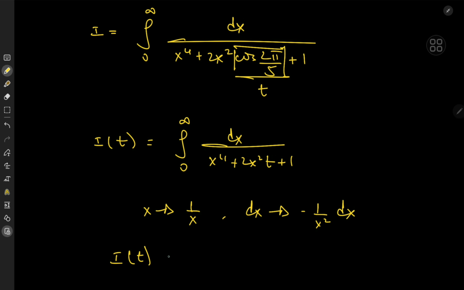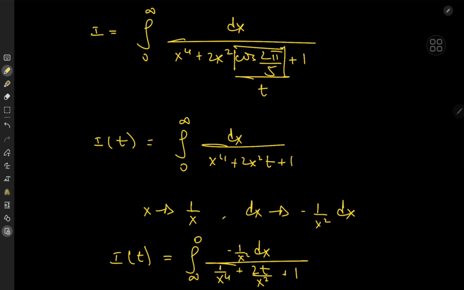So we have I of t equal to the integral from infinity to 0 of negative 1 over x squared dx over 1 over 1 plus x to the 4 plus 2t over x squared plus 1.